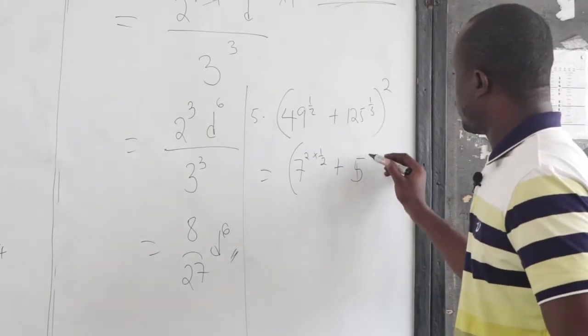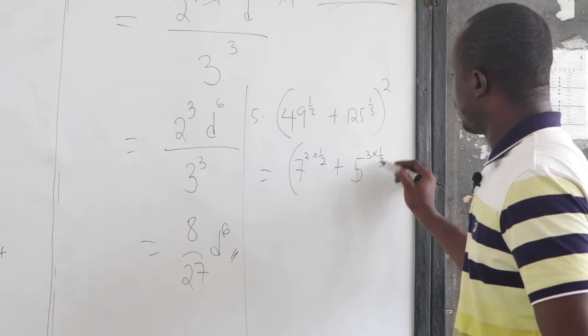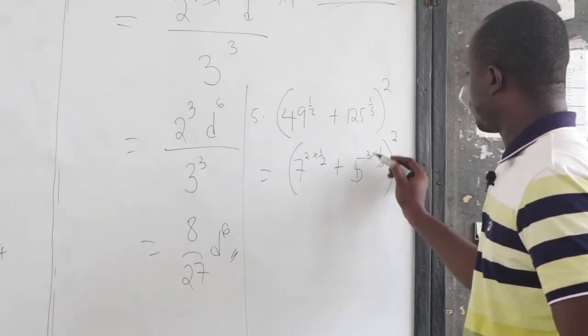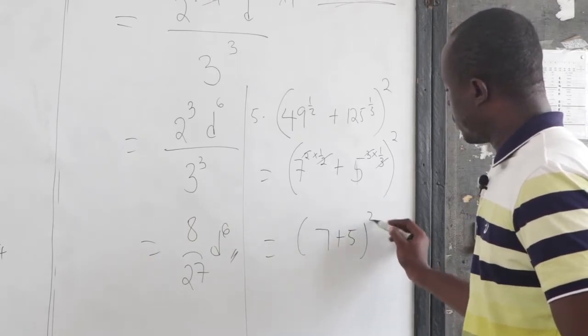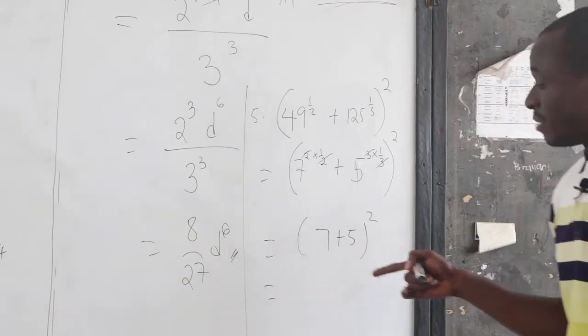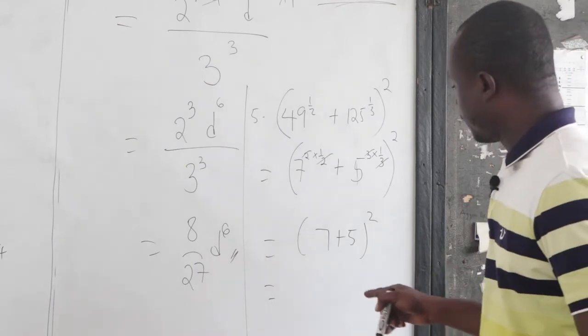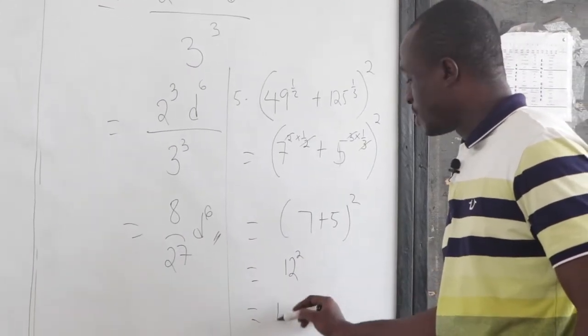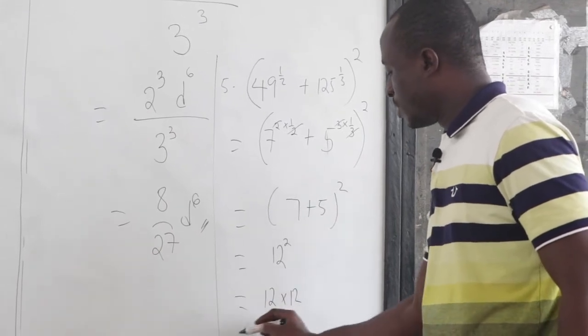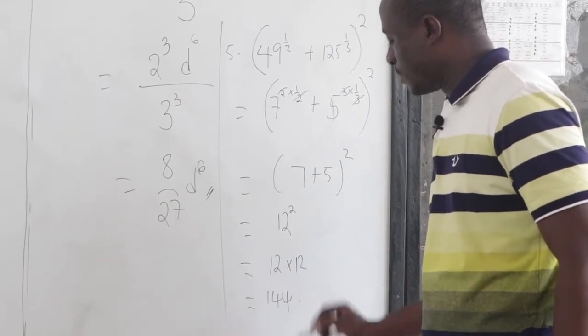This is 5 to the power 3 times 1 over 3, all to the power 2. This will cancel, this will cancel that. So we have 7 plus 5 all to the power 2. Bracket first, BODMAS. What is 7 plus 5? 7 plus 5 is 12, so you have 12 to the power 2. What is 12 to the power 2? This is 12 times 12. And this is 144.